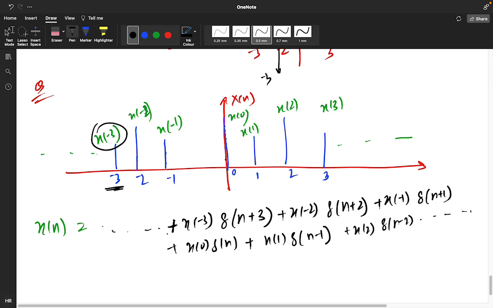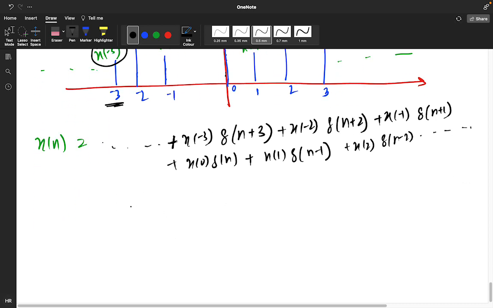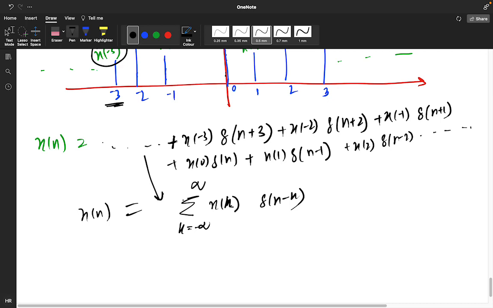So how can we write it in the form of summation? Summation k equals minus infinity to infinity, x of k, delta n minus k. Put the value; the same equation can be represented like this.